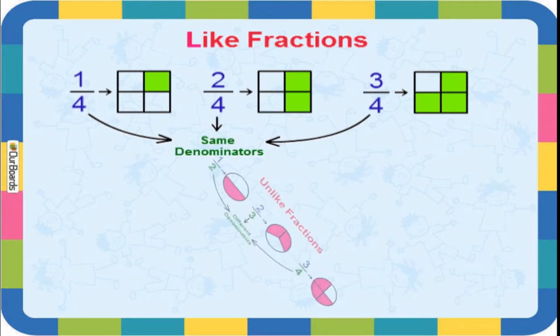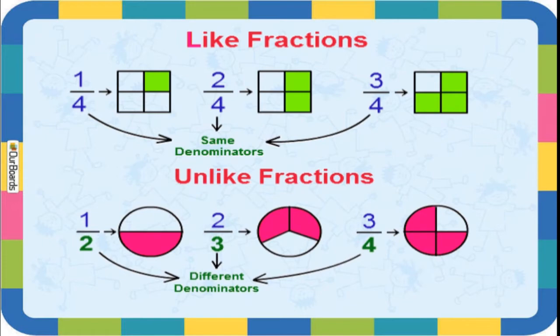Isn't it? Now about unlike fractions. Here unlike fractions means the denominators are different. See the pictures. In the first one, 1 by 2. Second one, 2 upon 3, and the third picture shows 3 upon 4.